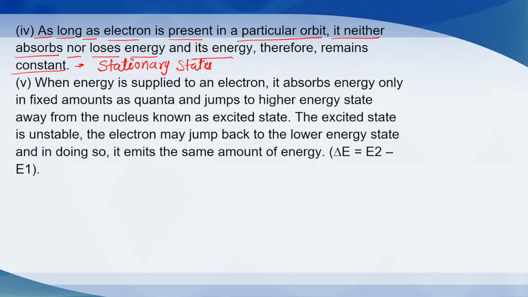Now, next point is when energy is supplied to an electron. Let us say the electron is at level 1 and this is the ground state.